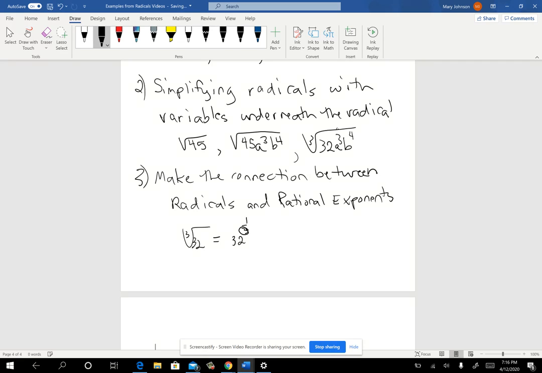The denominator of the exponent and the index of the radical match.